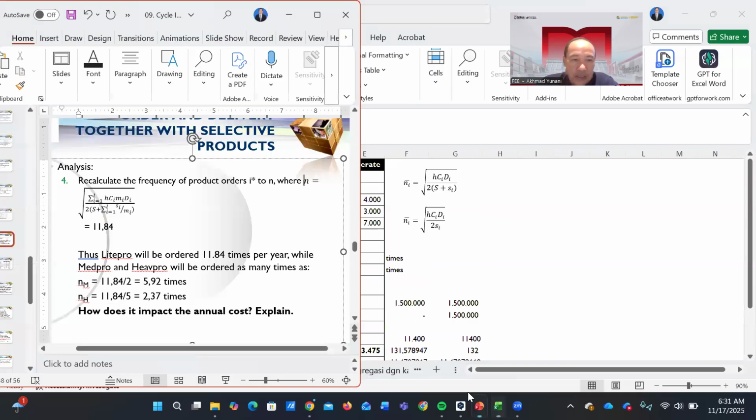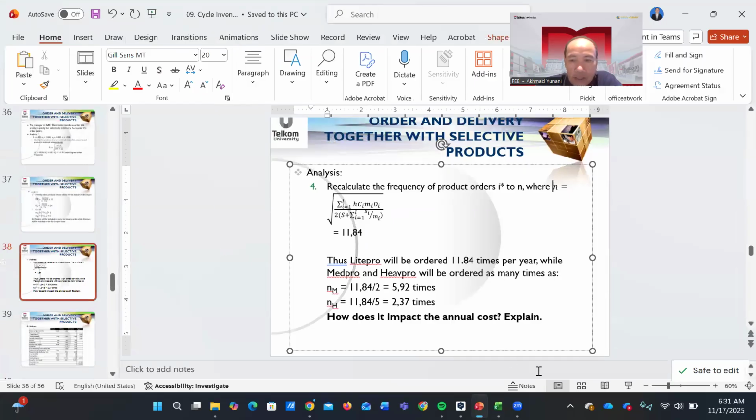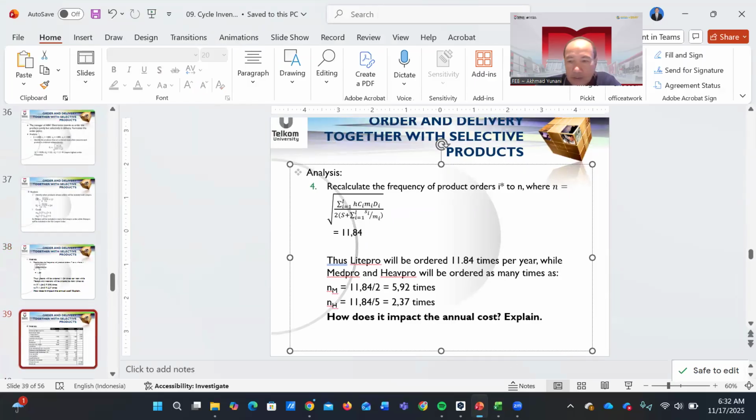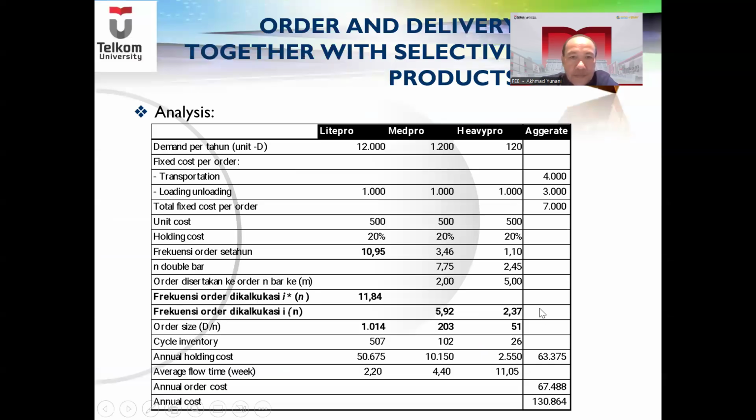This is the conclusion of our model, and we can compare here. This is for selective.